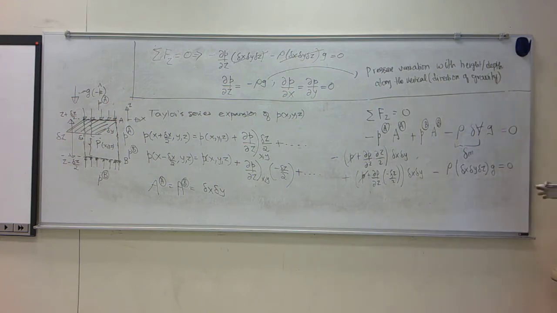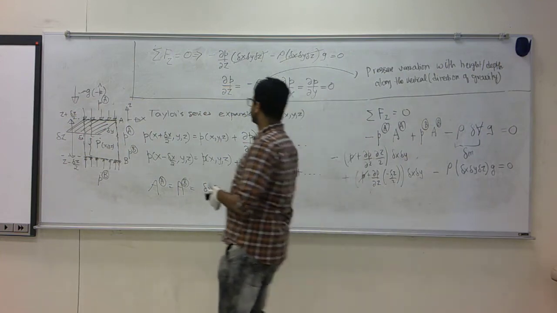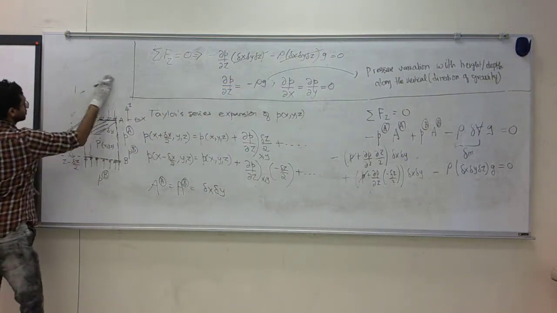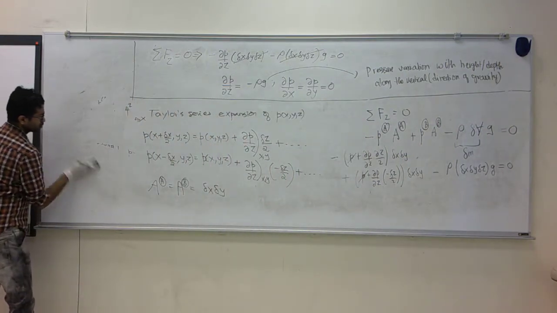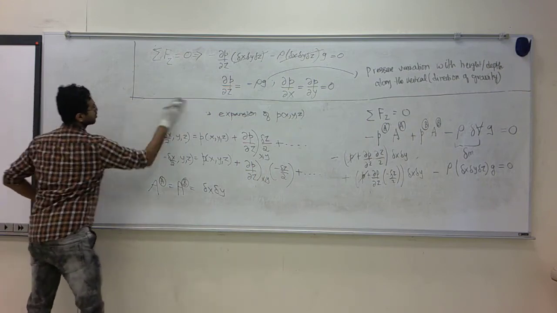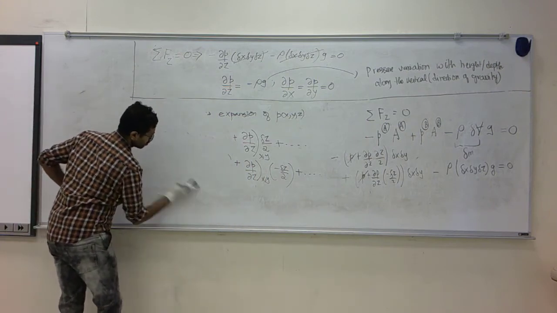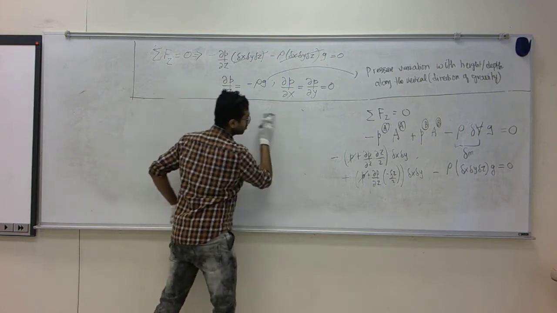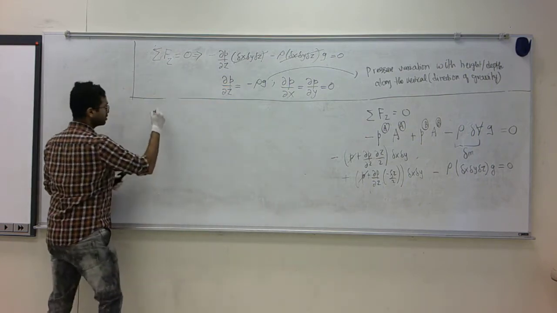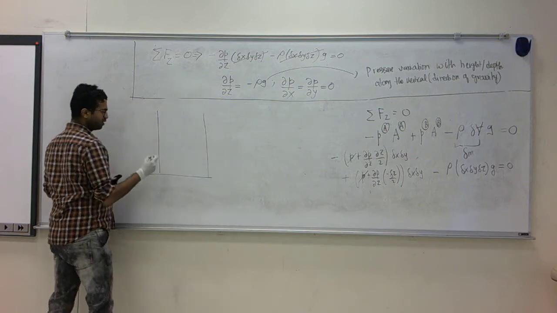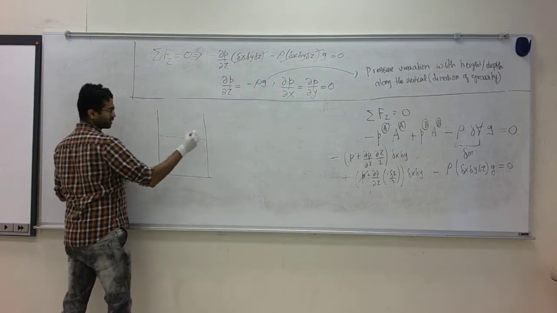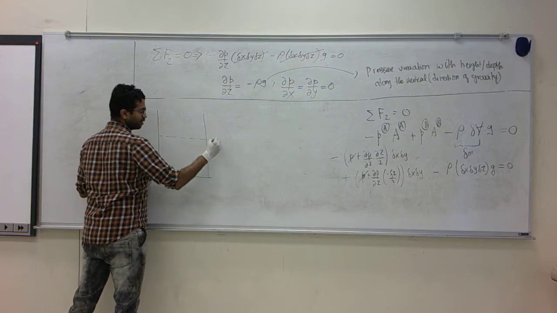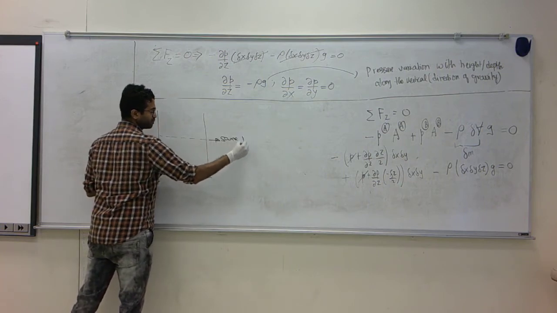Okay, we found out that if you have a tank of liquid, all the points that are at the same vertical level have the same pressure.